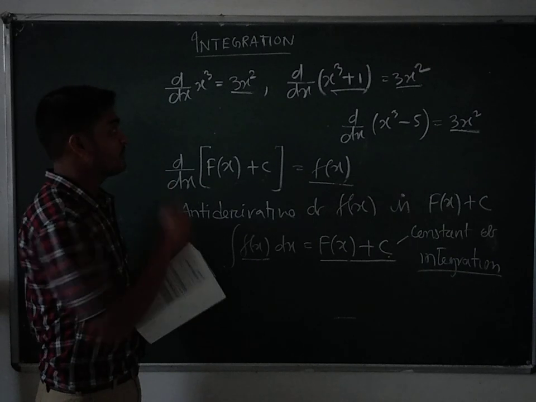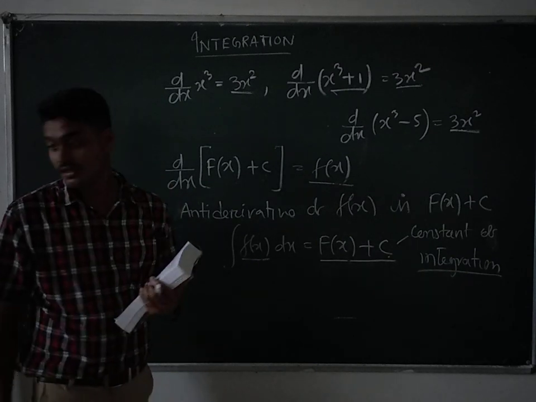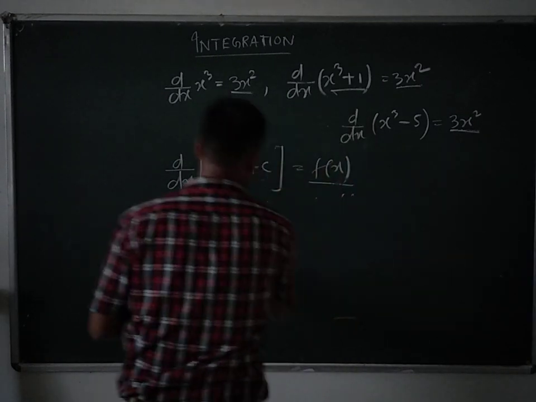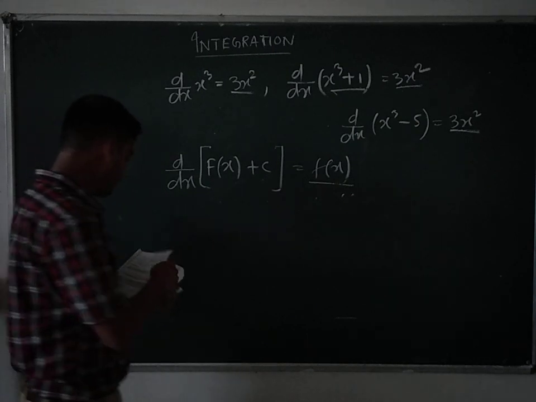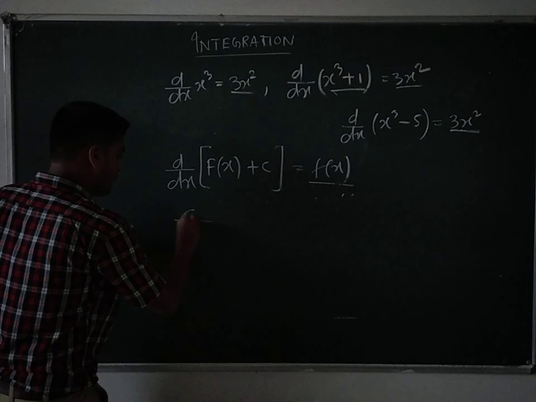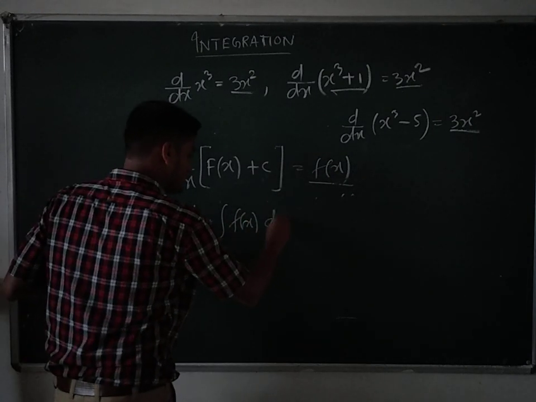And remember, differentiation and integration are inverse of each other. So I am going to give the conclusion. The differentiation and integration are inverse of each other. Is it clear? So we can easily write it down. Remember, d/dx of integration of f of x dx.